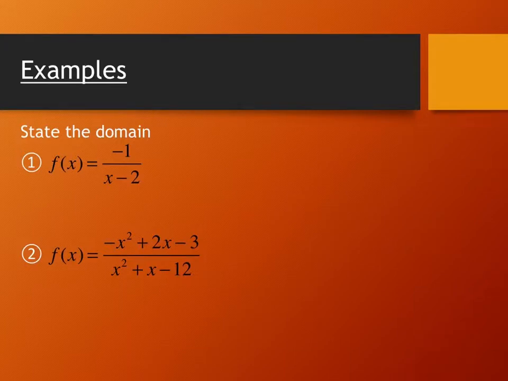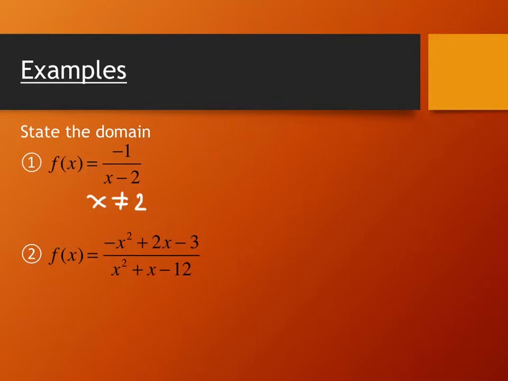So oftentimes domain is easier to answer by asking what can x not be, rather than what can x be. So on the first one, what can x not be? 2. And while it's perfectly fine to write that in set notation, it'll be more useful for us to think about it in terms of an interval because we're going to be graphing later in this section anyway.